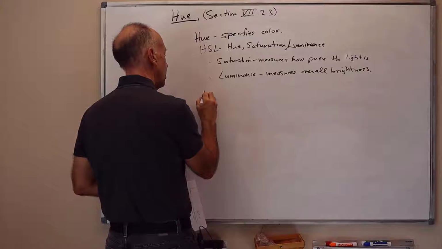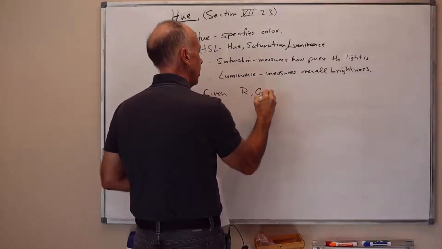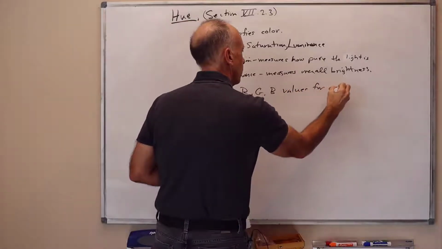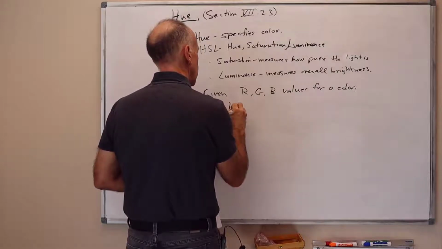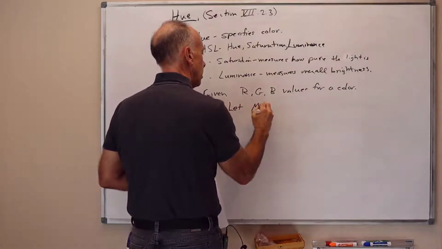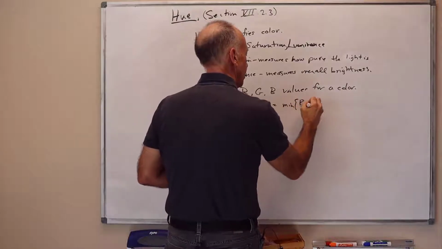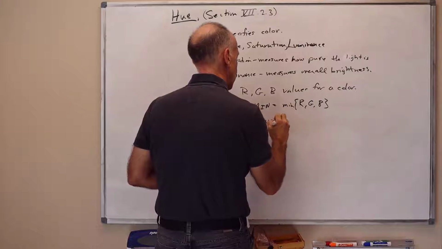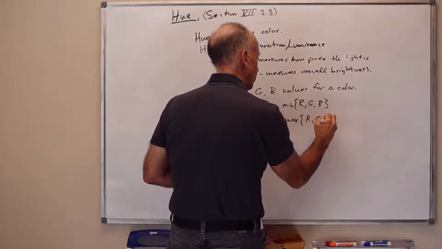So we're given RGB values for a color. We let min equal the minimum value of red, green, and blue, and we'll let max equal the maximum value of red, green, and blue.